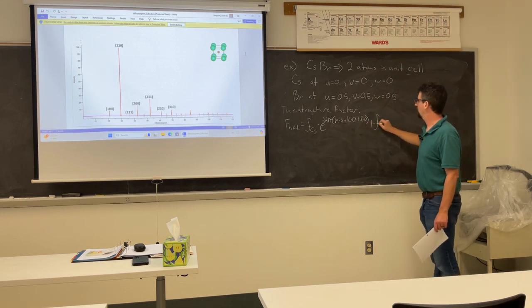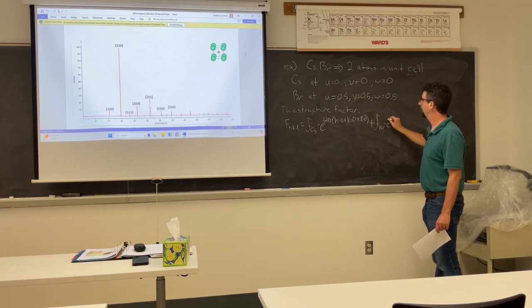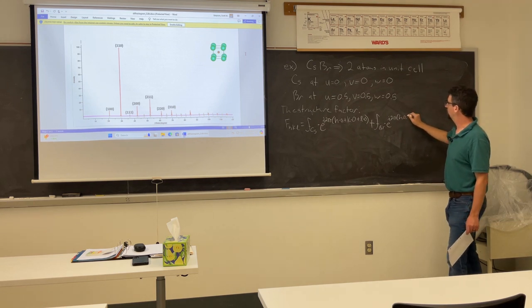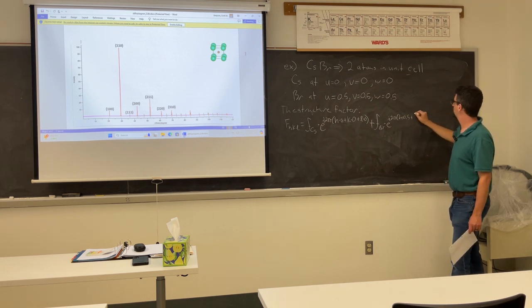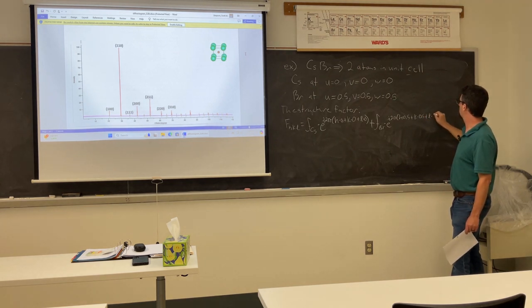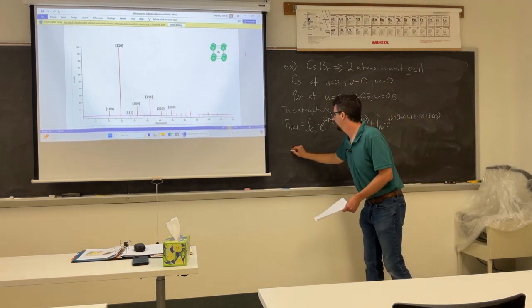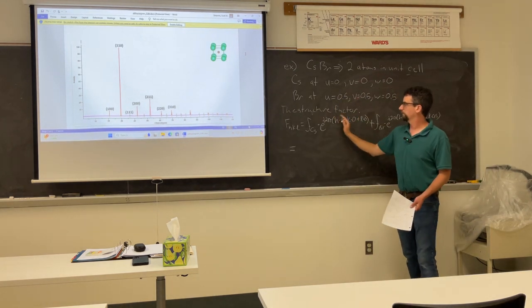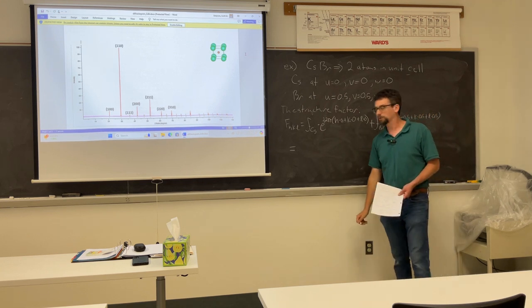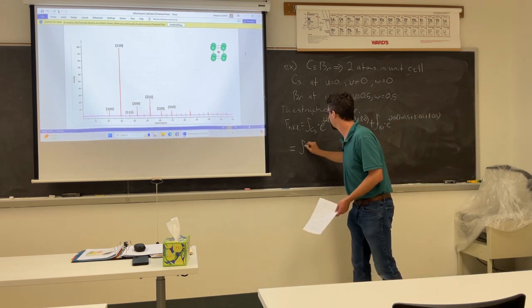Now we have to add the portion for the bromine. So i2 pi times h times 0.5 plus k times 0.5 plus l times 0.5. Okay, we multiply that all the way through. Since it's all zeros up top here, we get e to the 0, which is just 1.